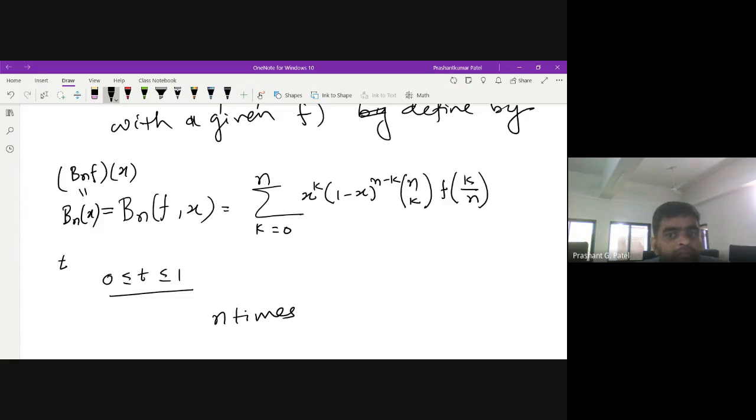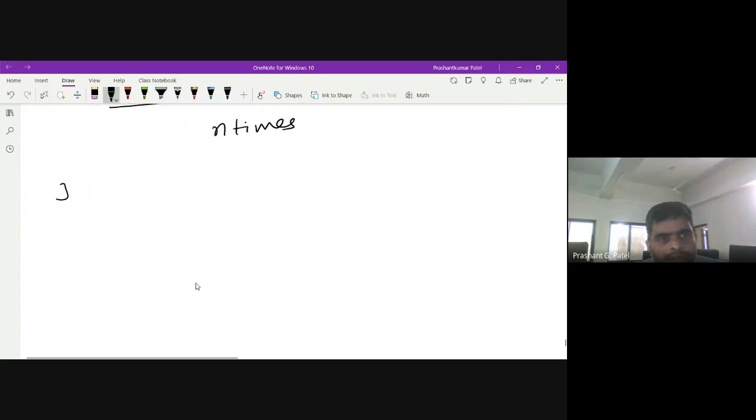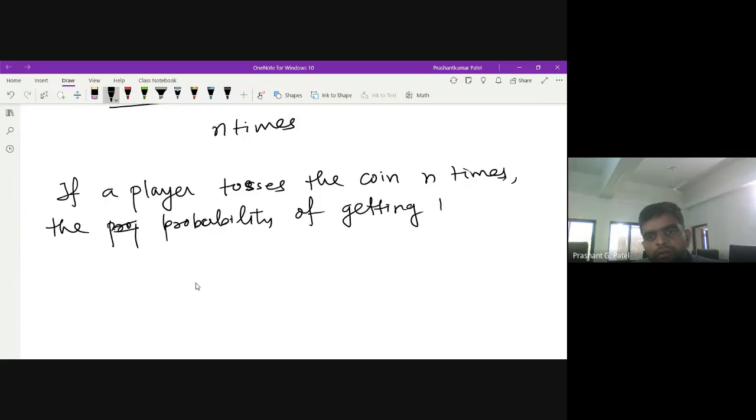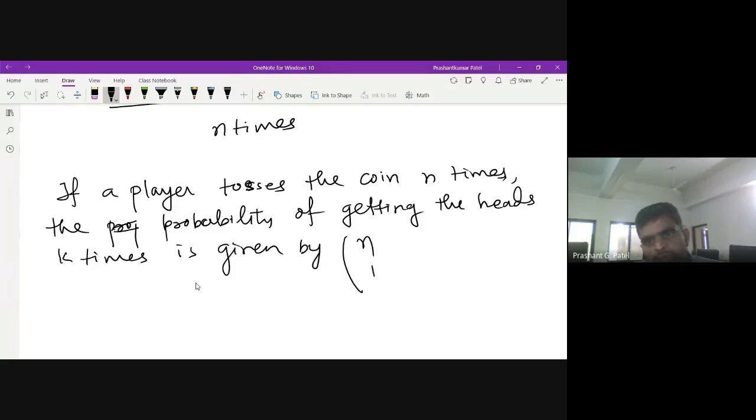let me write what I'm saying. If a player tosses the coin n times, the probability of getting the head k times is given by nCk t power k, 1 minus t power n minus k.